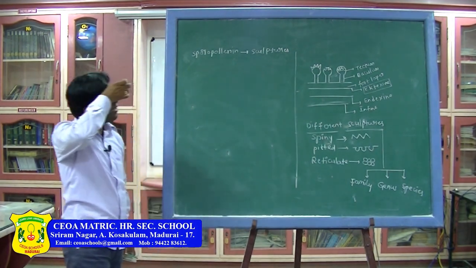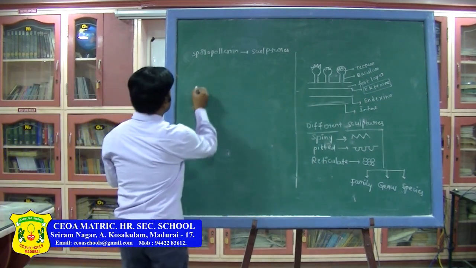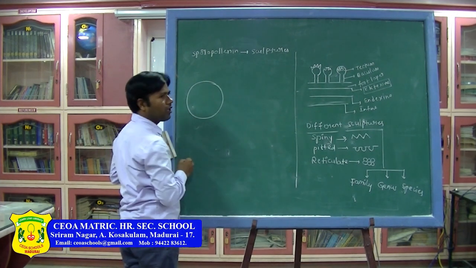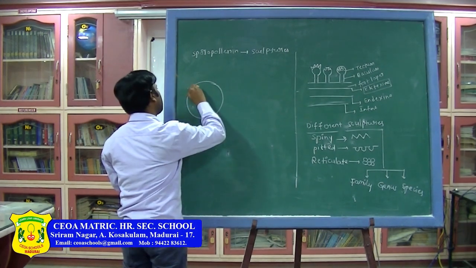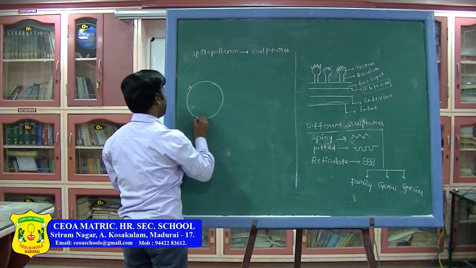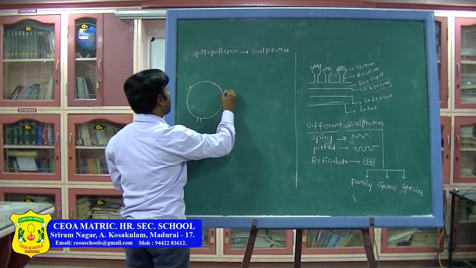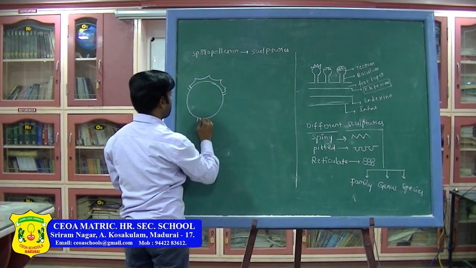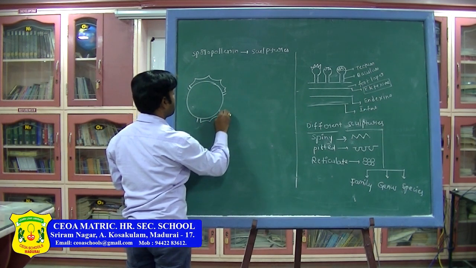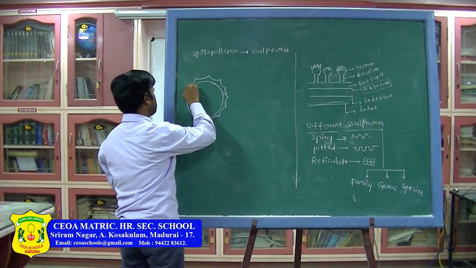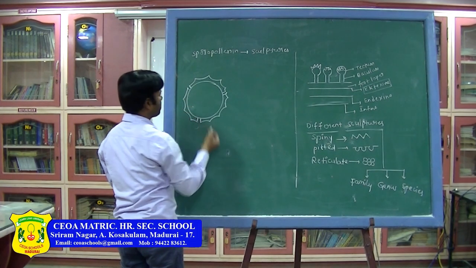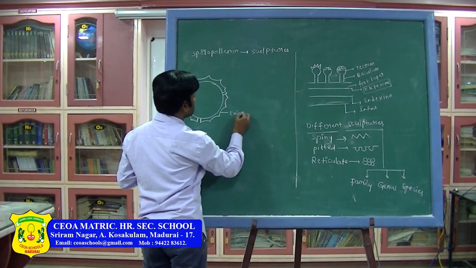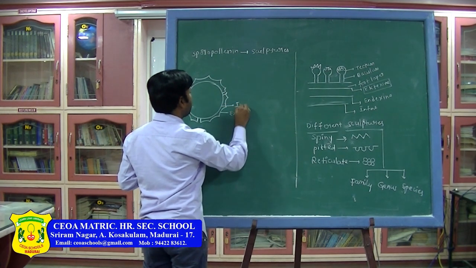Next, when you see the structure of the pollen grain, now I am drawing the structure of the pollen grain. This is the pollen grain. Then around the pollen grain, what is present? Exine is present. Then the inner layer is intine.